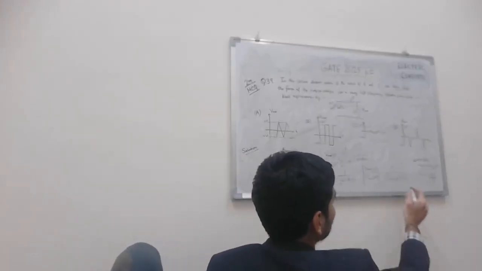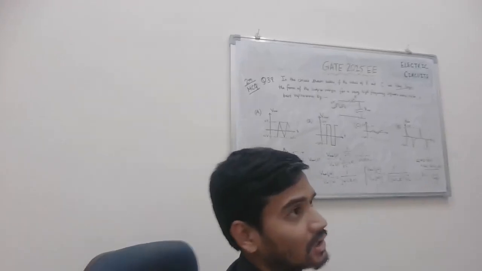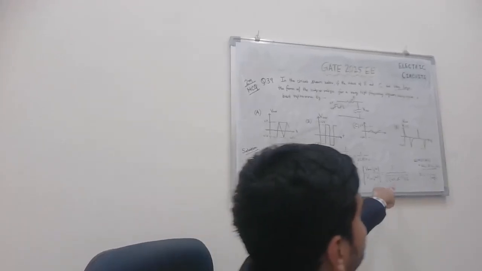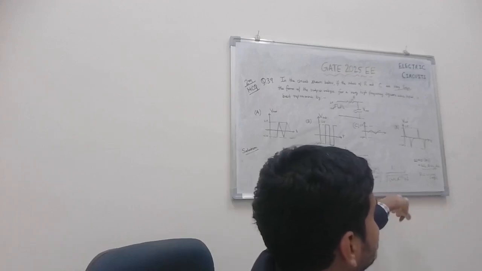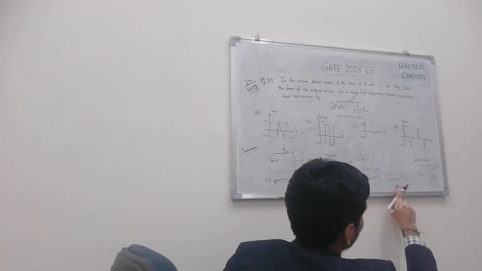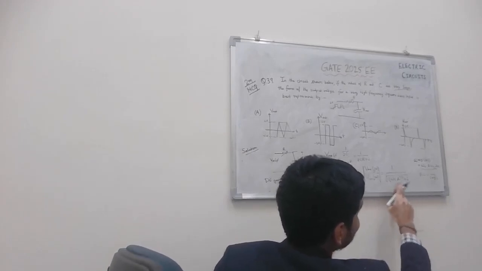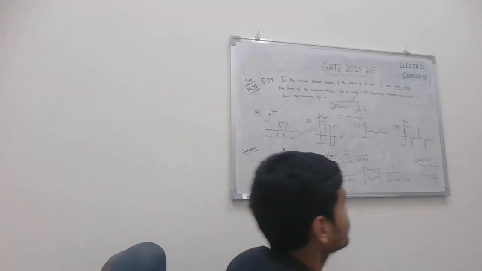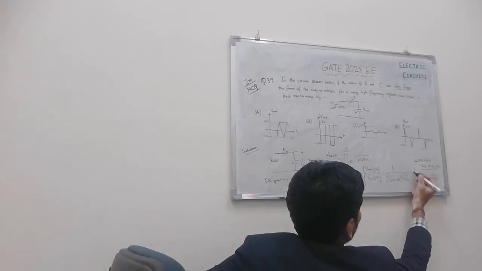For these frequencies, RC is very large. If we multiply RC with omega naught, it will still be large. One can be negligible in comparison to omega RC, so the gain will be approximately equal to 1 by omega RC.